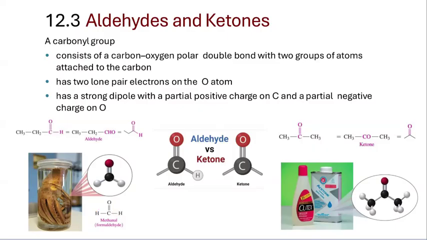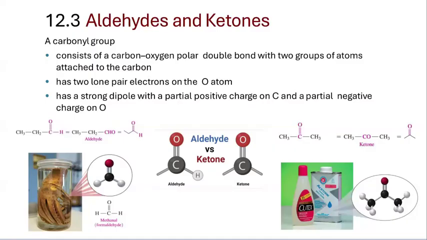Methanal is known more commonly as formaldehyde, and formaldehyde is a compound utilized in the preservation of animal specimens. On the right side, we have the smallest ketone, which is 3 carbons in length.